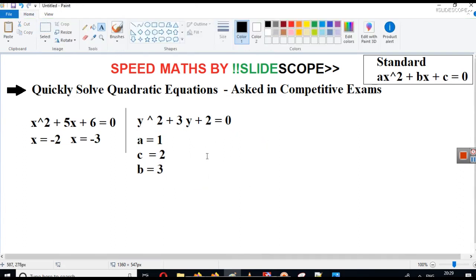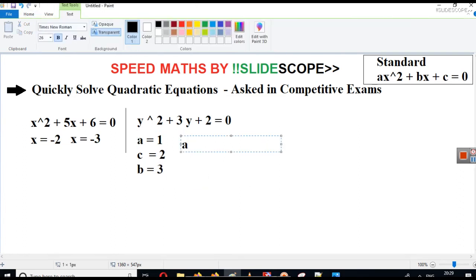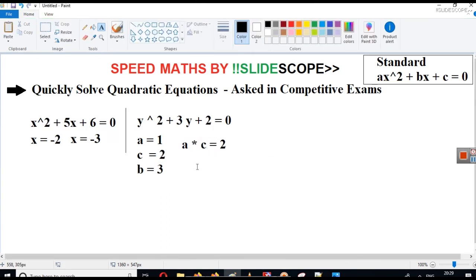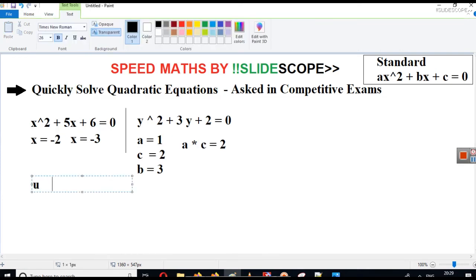Again, a into c is 2 here. So we have to get those factors, u and v, such that u multiplied by v should be equal to 2 and u plus v should be equal to 3.